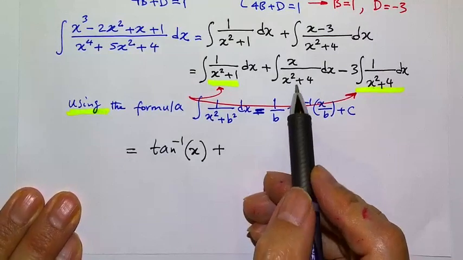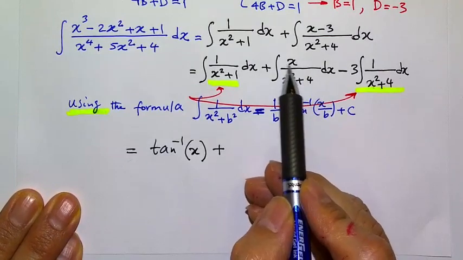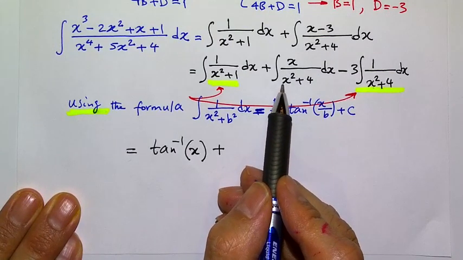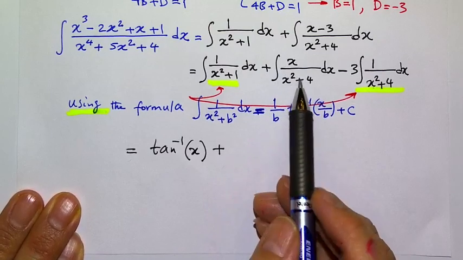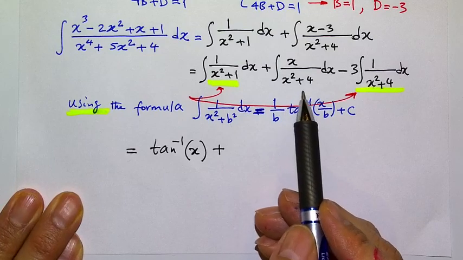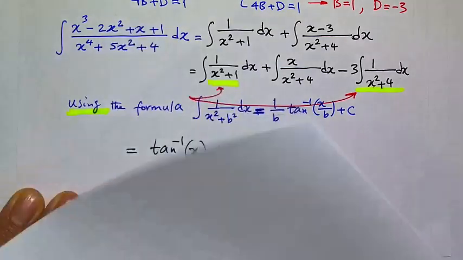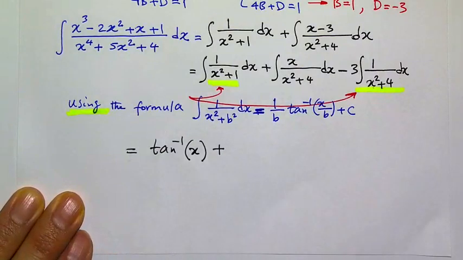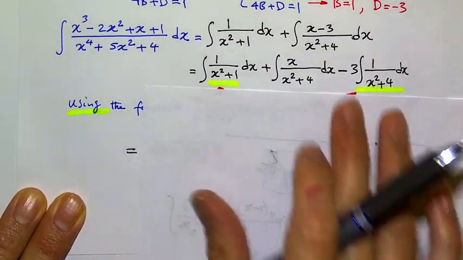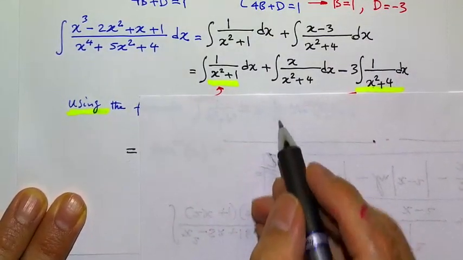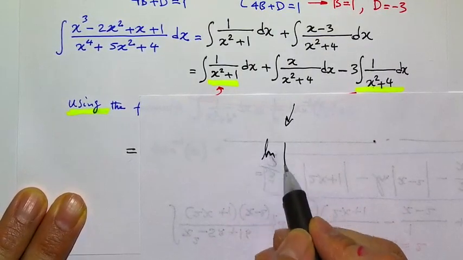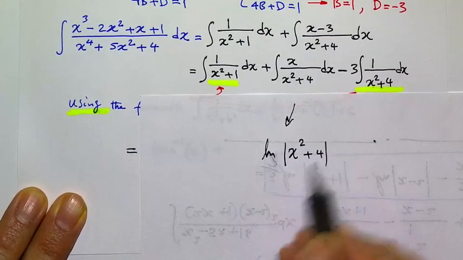the middle one. Notice that the numerator, if you take the derivative of x squared, you get 2x, right? So this is natural log of x squared plus 4 divided by 2. Well, here's what I mean. Let me bring this scratch paper back. For this middle term, the integral would be natural log of the absolute value of x squared plus 4, right?